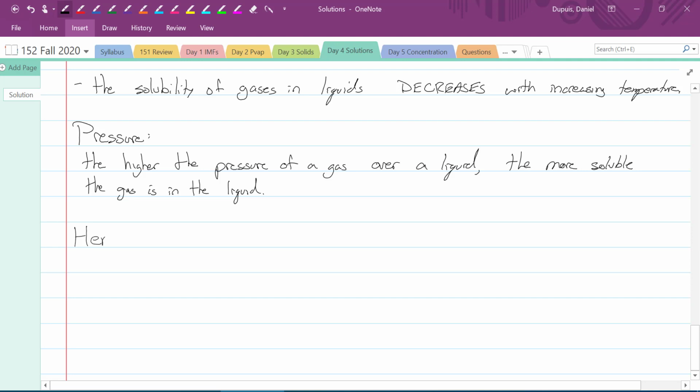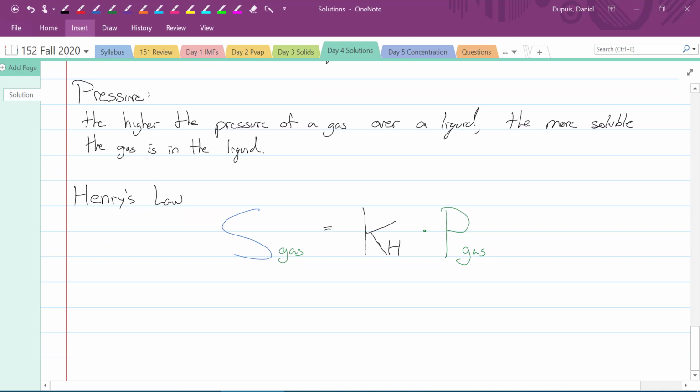With pressure, we get Henry's law. The solubility of the gas is equal to the Henry's law constant times the pressure of the gas. Let's define some terms here.